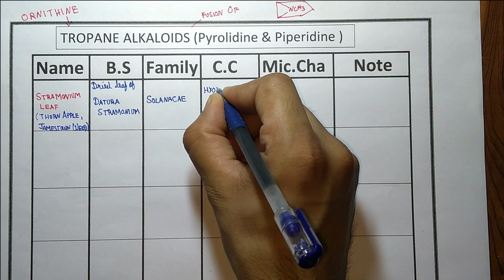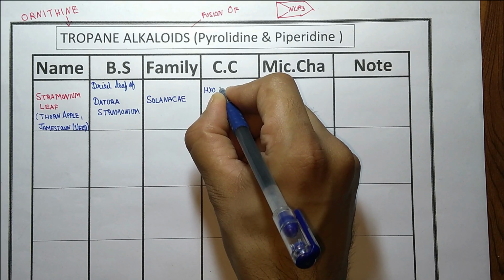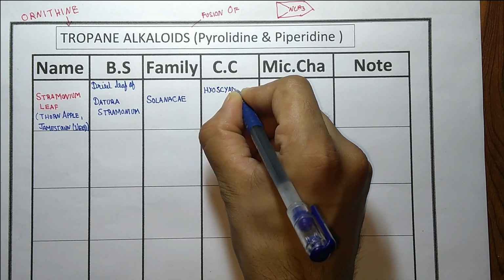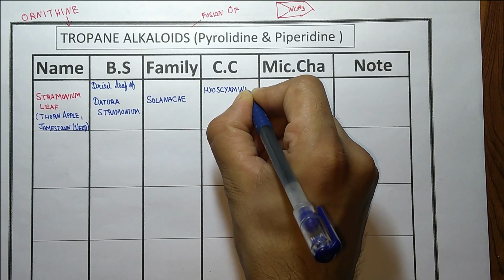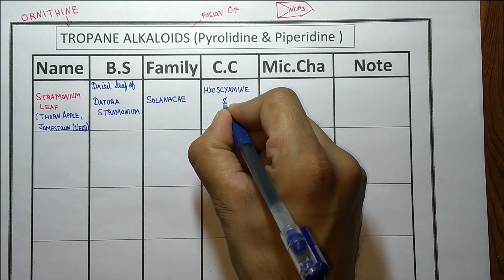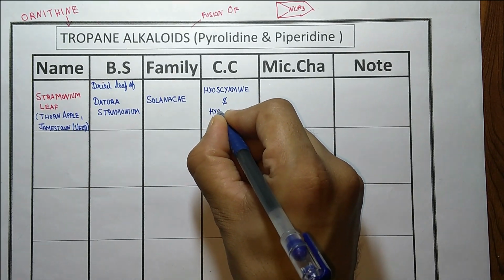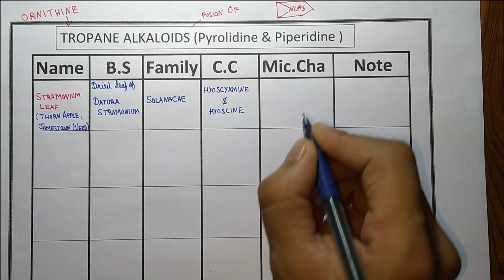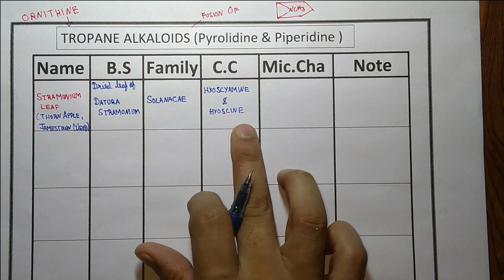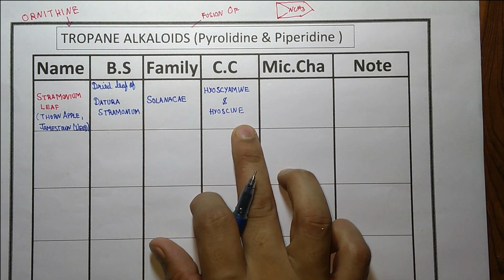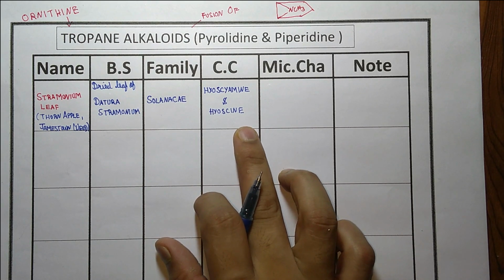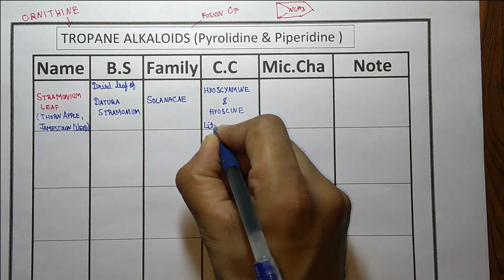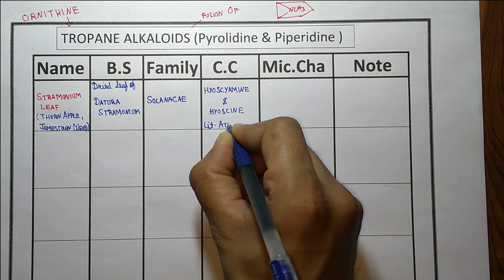Now coming to the chemical constituents: hyoscyamine and hyoscine. These are the two chemical constituents of this, and a little atropine is also formed.